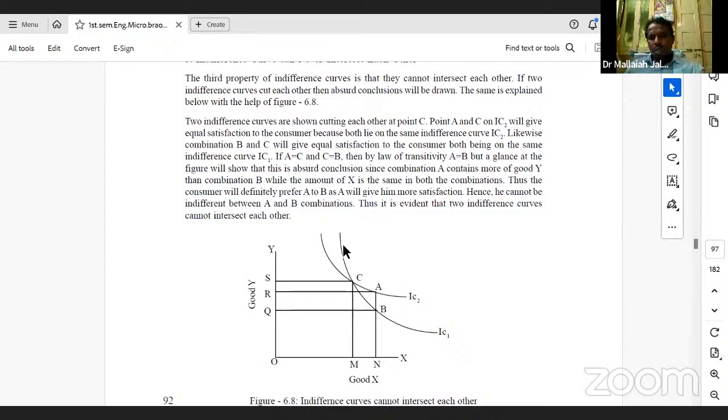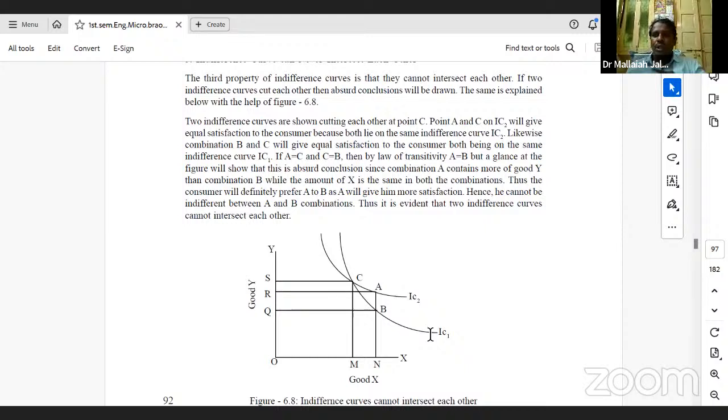Up to this part, IC1 is giving more satisfaction than IC2, because a higher indifference curve gives a higher level of satisfaction, and a lower one gives a lower level of satisfaction. That is the reason why IC2 is giving less satisfaction than IC1, because IC1 is above. That is one side. But coming to this point below, when we compare IC2 and IC1 again, IC1 is giving less satisfaction than IC2 because IC2 is above IC1.